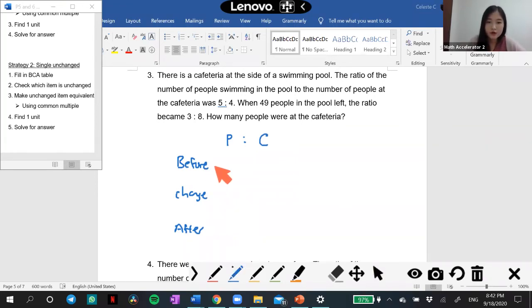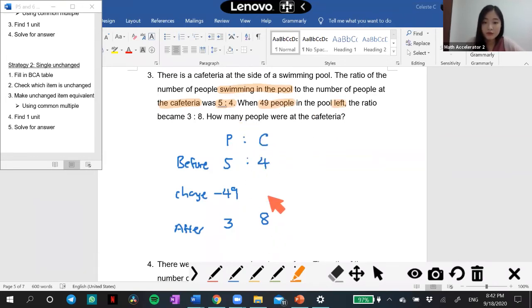The ratio before, what was it? Okay, it was 5:4, right? Five is to 4. And then 49 people left the pool, minus 49 here. And the ratio became 3:8. So looking at this, or even from the question, you should know they only told you that 49 people left the pool.